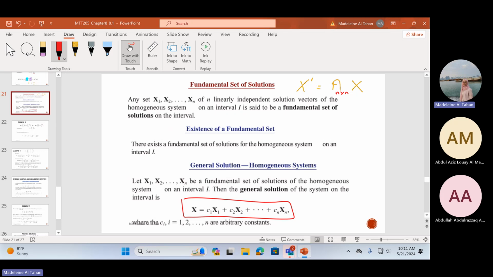The first question we'll discuss together, and for the second question I will give you time to solve. This lecture is a copy of our first lecture, but the only difference is that there we had only one differential equation. Here we have a system of differential equations.